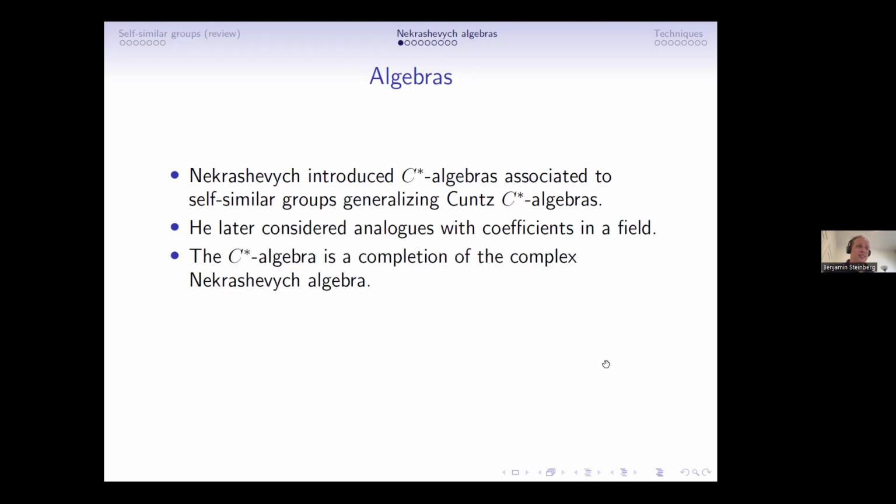The C-star algebra is the completion of the complex Nekrashevych algebra with respect to an appropriate pre-C-star norm. And these things generalize the classical Leavitt algebra L_1n.